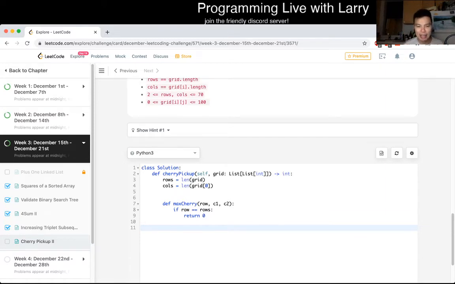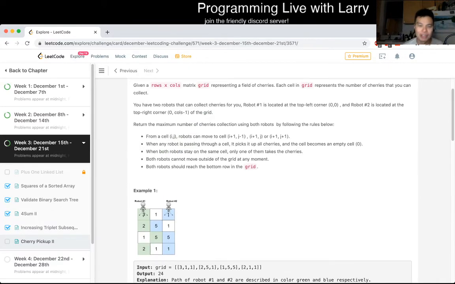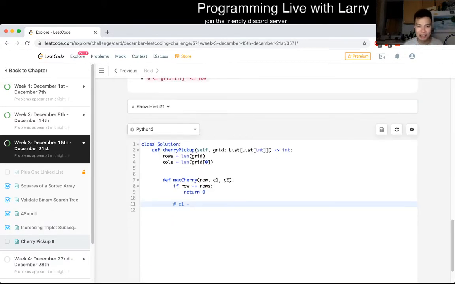As we said, now we have, actually, we could go straight down, right? So 9 options, because C1 can go down-left, down, or down-right.